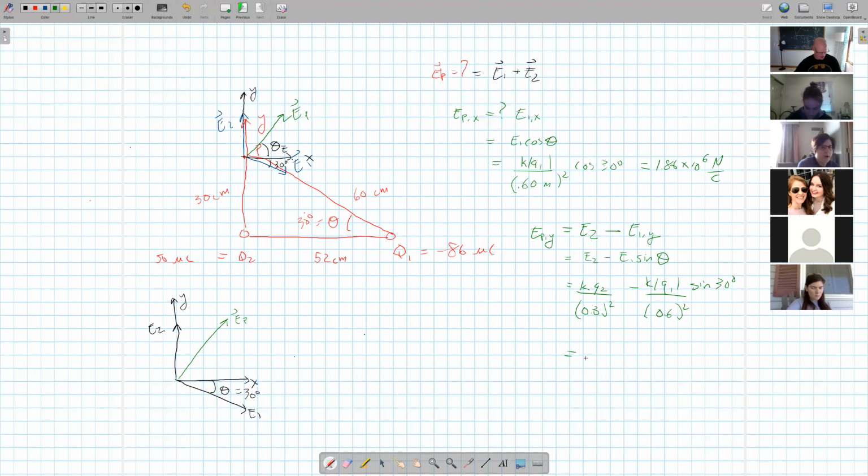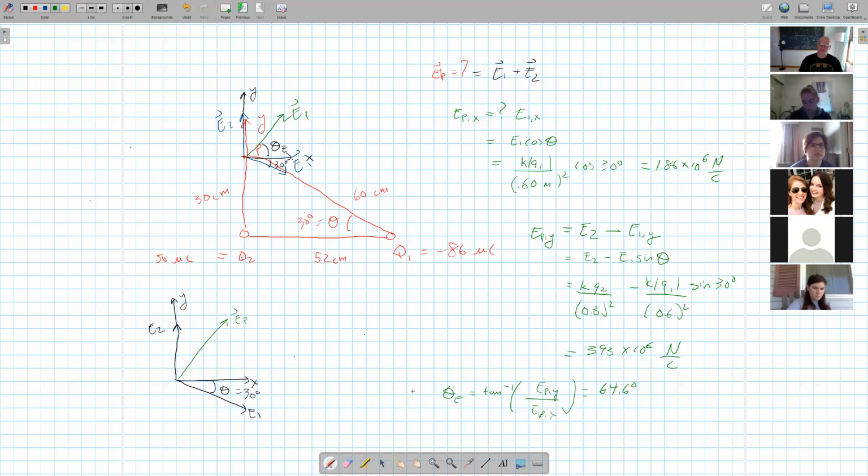And then in the y direction, this works out to be 3.93 times 10 to the 6th newtons per coulomb. And then the angle, theta E, is going to be the inverse tangent of EPY divided by EPX, which works out to be 64.6 degrees. Okay, so this is the angle.